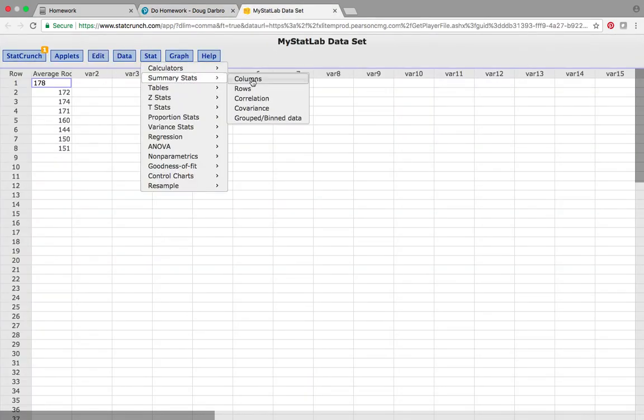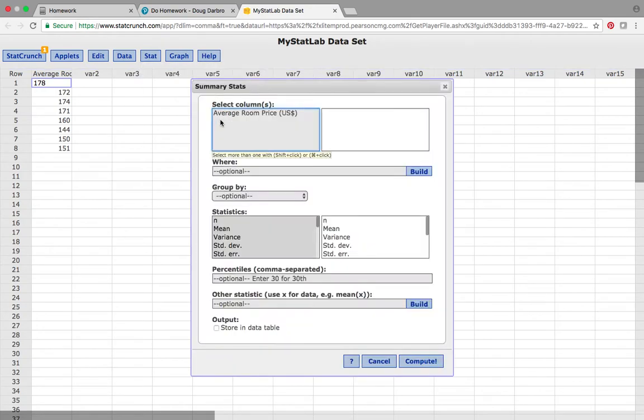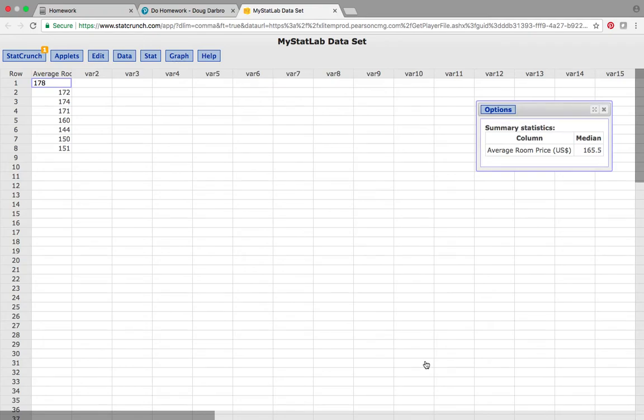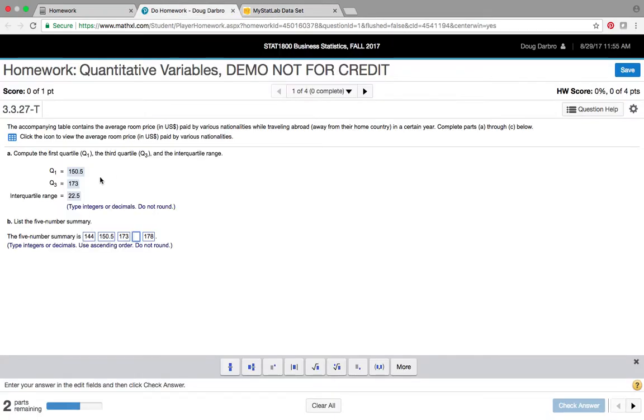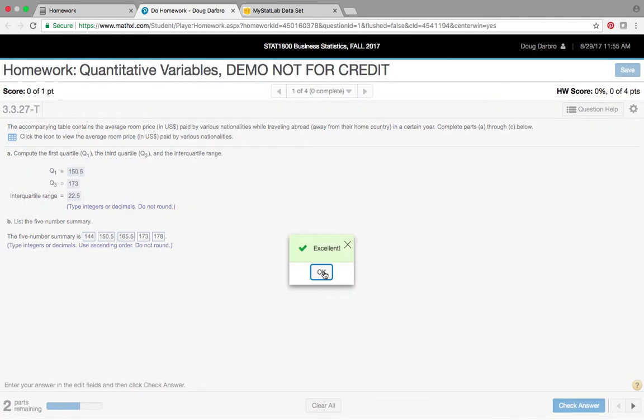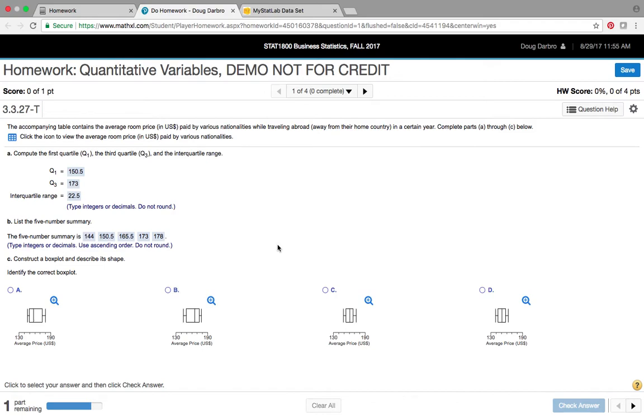I need to get the median. So the median is 165.5. And 173. I think I got that right. Let's check it. One thing about it, if you didn't, it'll certainly let you know.